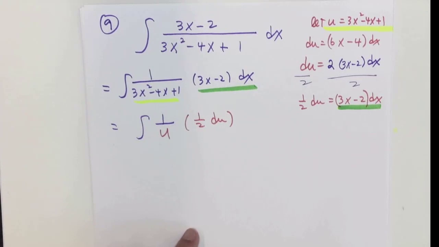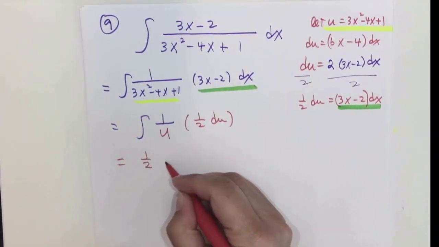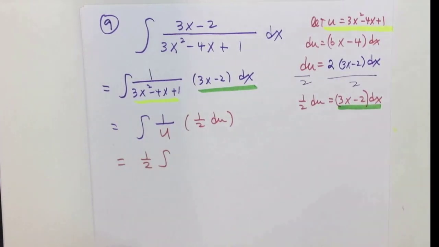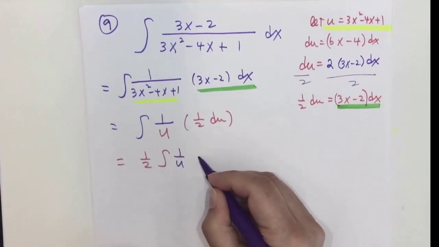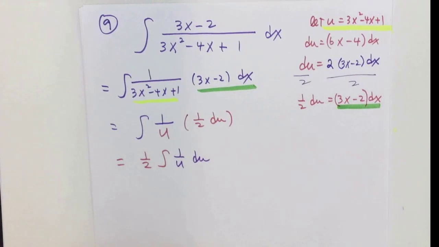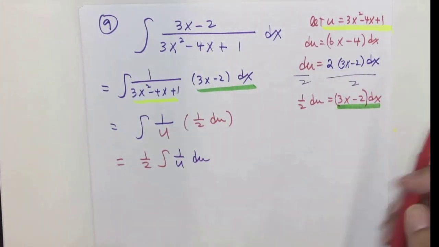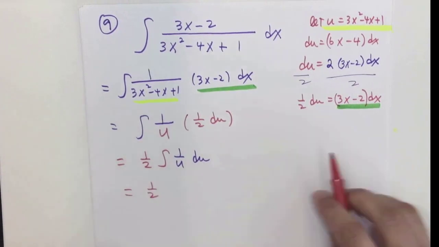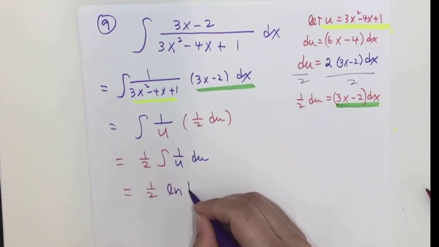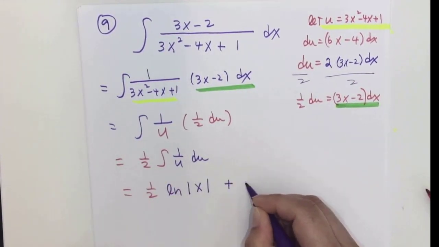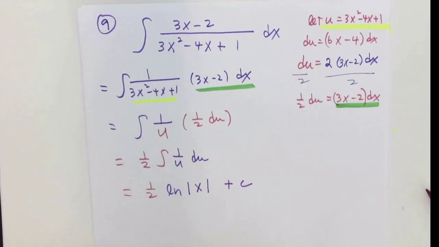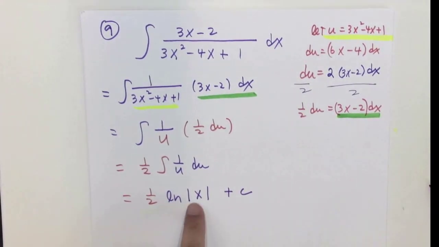Because 1/2 is a number, so where does it go? Outside, so you're taking the integral of 1 over u du. And 1 over u will turn into ln, so 1/2, and then ln of the absolute value of x. This is an indefinite integral, so you need to add a c. So, I'm sorry, this is u, right?